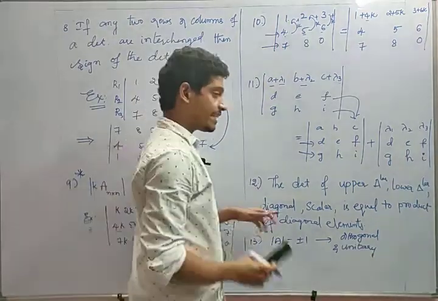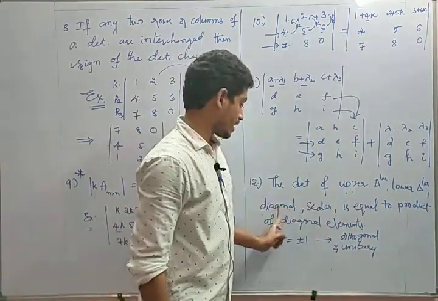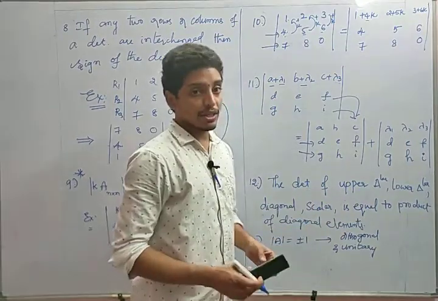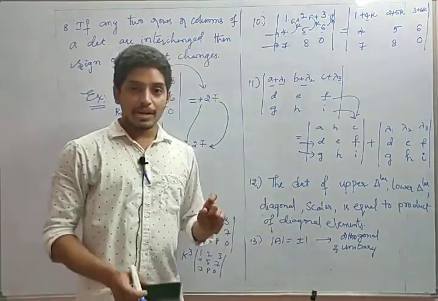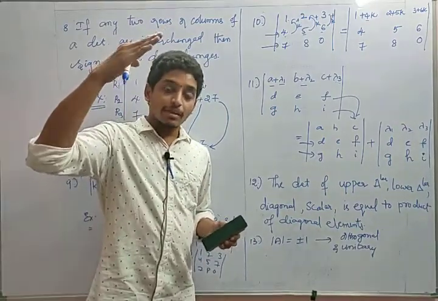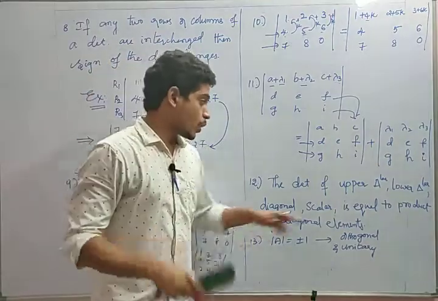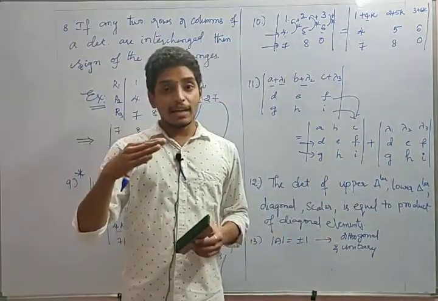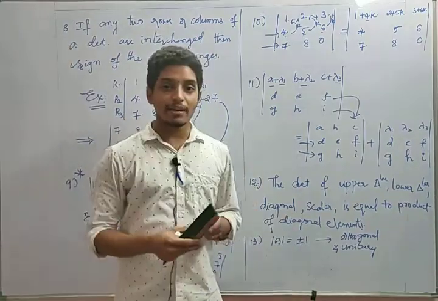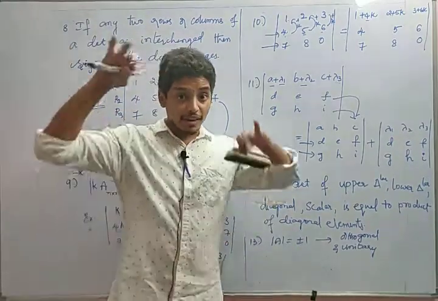12th one is the determinant of upper triangular, lower triangular, diagonal, scalar is equal to the product of the diagonal elements. We have already seen what is an upper triangular matrix: the elements below the principal diagonal are 0. Lower triangular matrix: the elements above the principal diagonal are zeros. And what is diagonal matrix? Only diagonal elements are present, off diagonals are zeros.